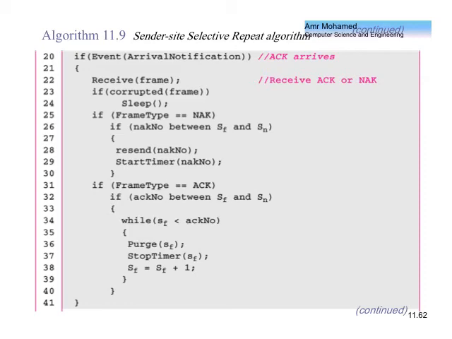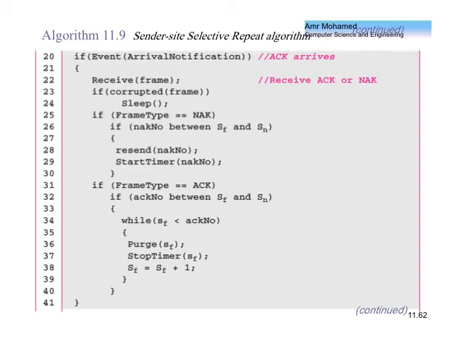So if the acknowledgement is corrupted, then I have nothing to do. If the acknowledgement is corrupted, I just ignore it. If this acknowledgement is a negative acknowledgement, then the negative acknowledgement will have a number, just like the acknowledgement.